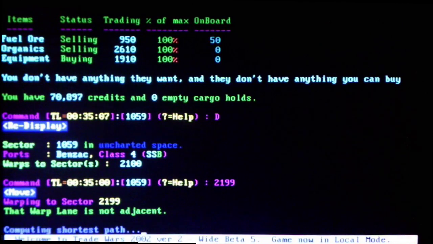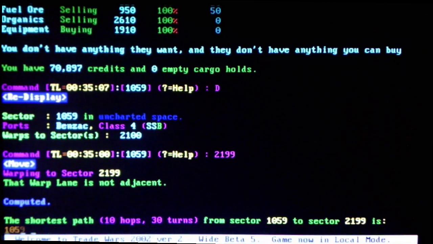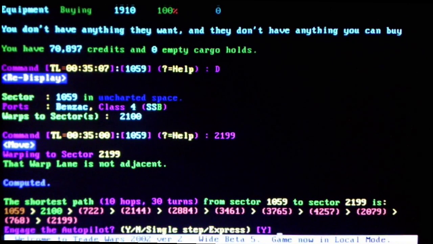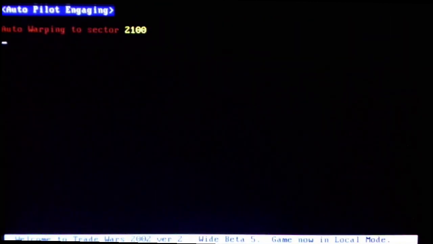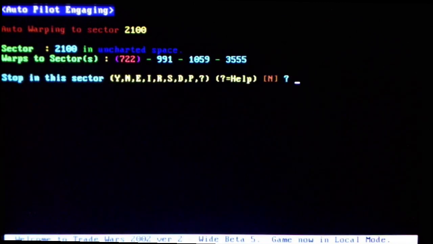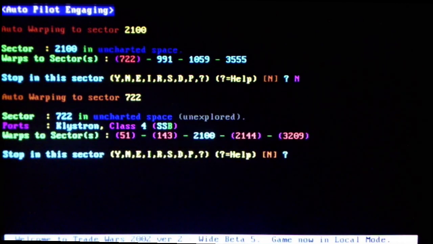See how far away we are from that. And we'll go single. Yes, we want to stop.